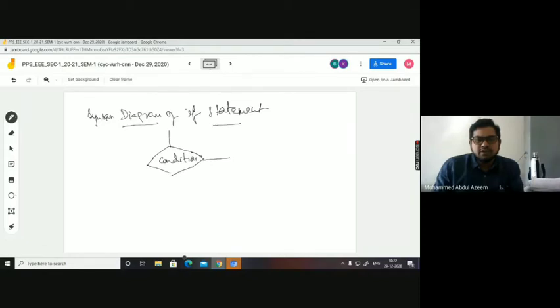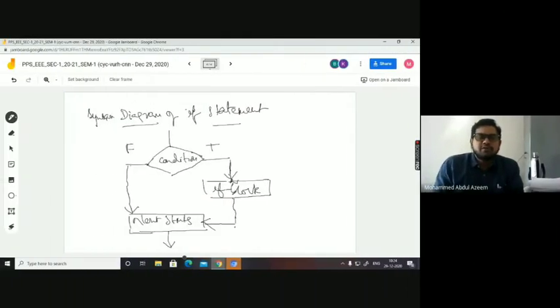So when the condition is true, the if block is executed, right? Then you will be executing the next statements. So this is the syntax diagram of the if statement, right?